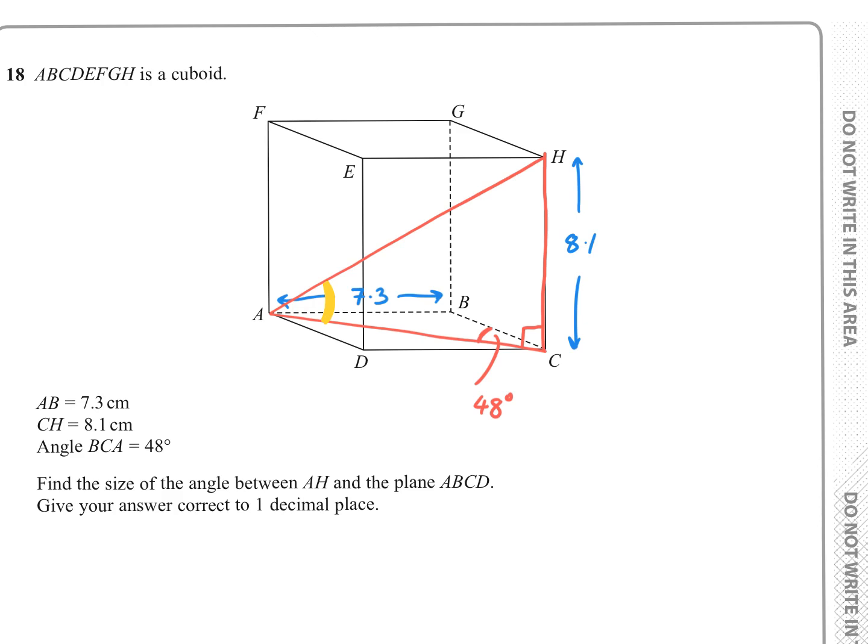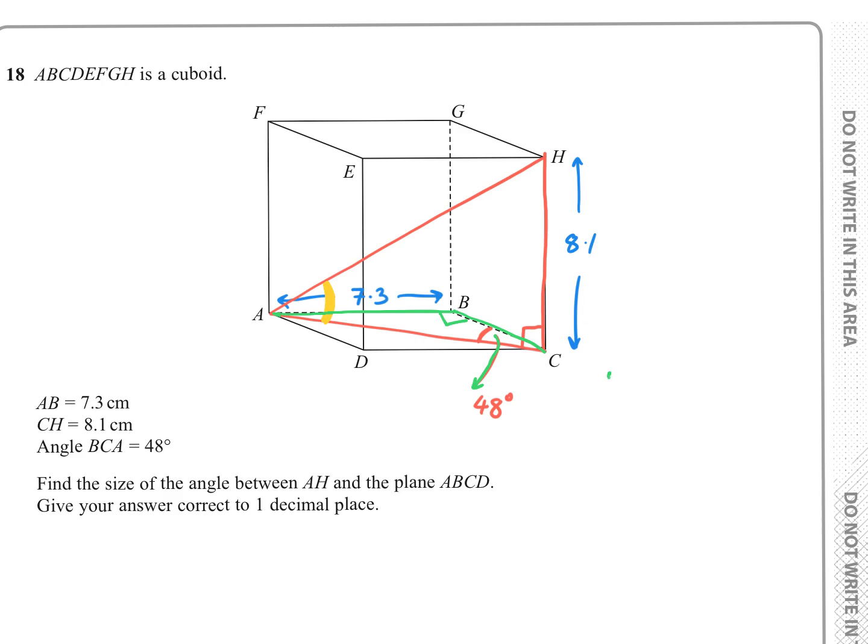So I think I can find AC because if I look carefully, I've got another right angle here, another right angle triangle, and don't forget I've got this angle, haven't I, 48.